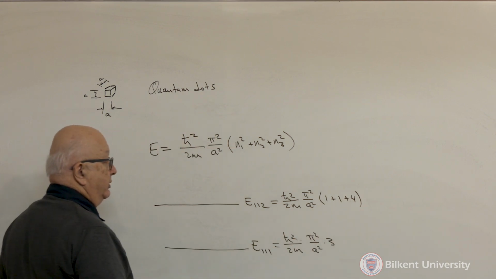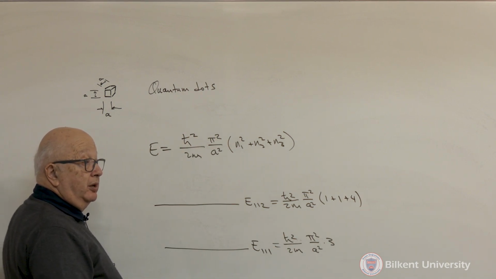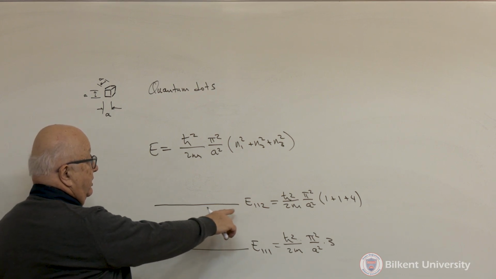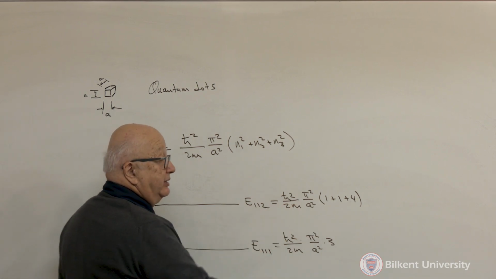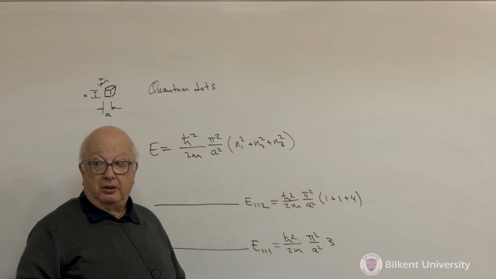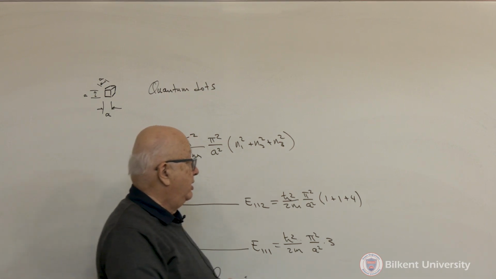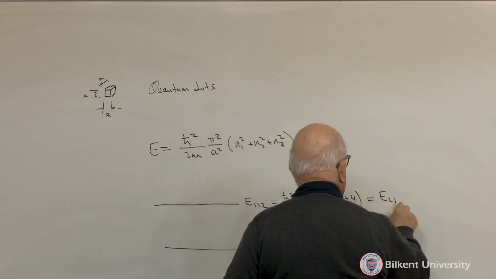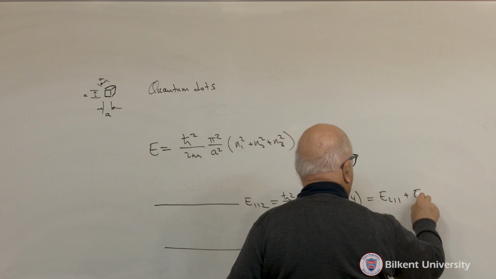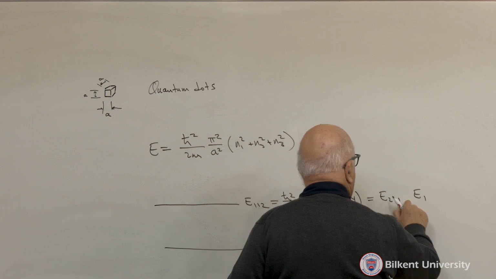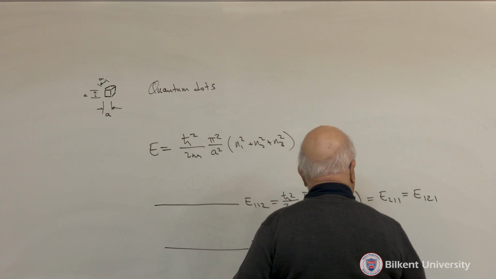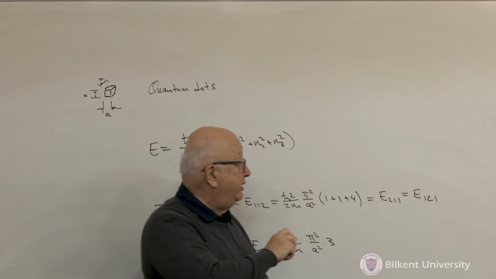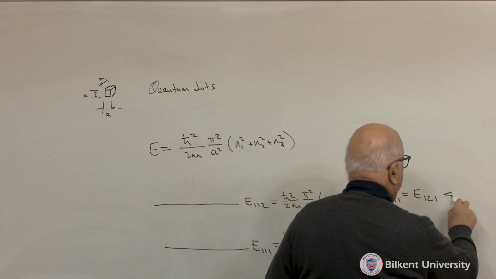Okay, so 6 times that. So I have a bunch of energy levels building up like this, but this is not the only state which has that energy. Okay, so we are going to get 2 more states, E211 plus E121, which have the same energy. Okay, so we call this thing threefold degenerate.